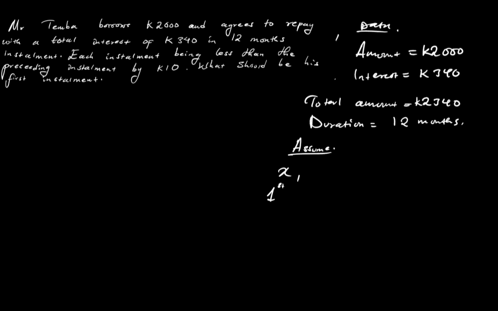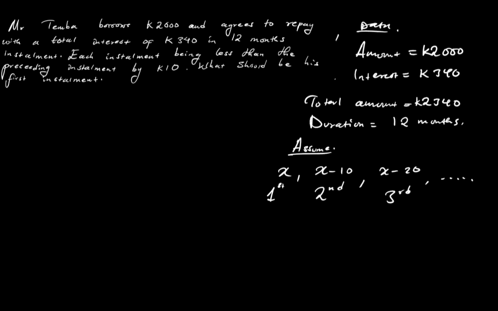And then we're saying that each installment needs to be less than the preceding by 10 kwacha. So the next one will be X minus 10, which will be in the second month. And in the third month, it's going to be X minus 20. And it keeps on going, just like that.